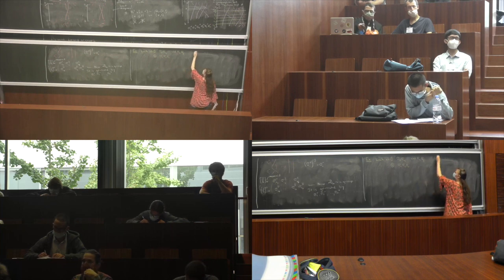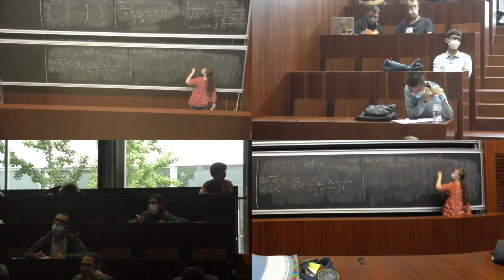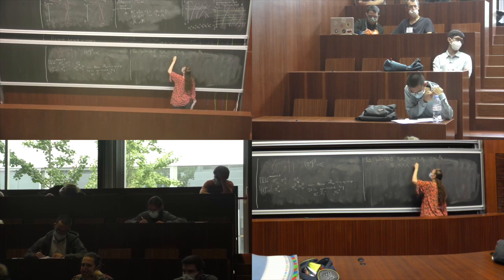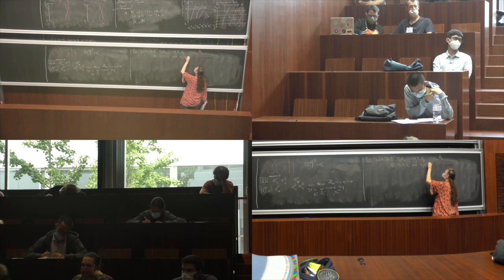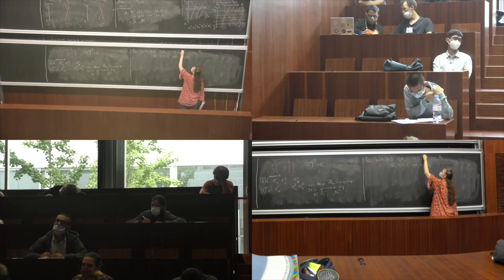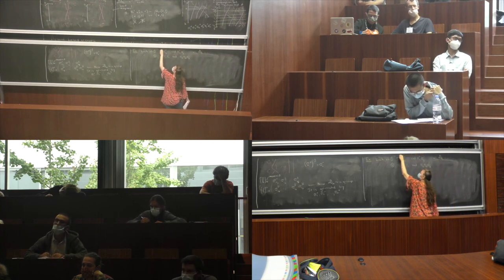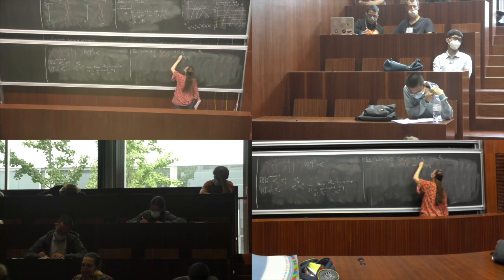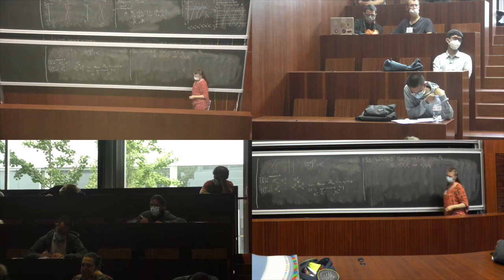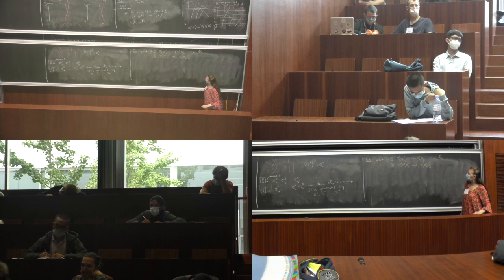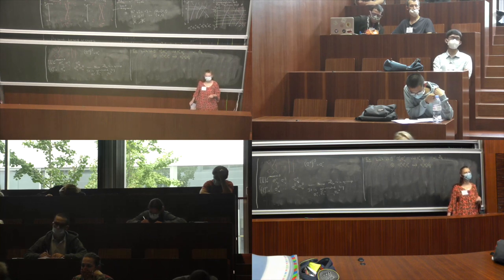So maybe we want 5 strands, so in B5. And sigma 3, sigma 2, sigma 3. So let's put pluses. But you can do the same with the minuses if you prefer. And I'll start from there in the afternoon.